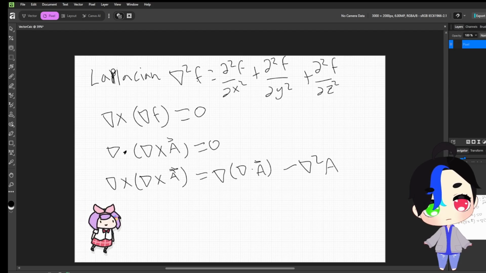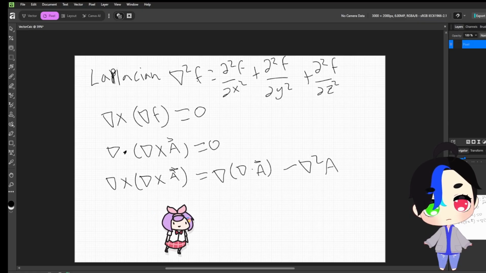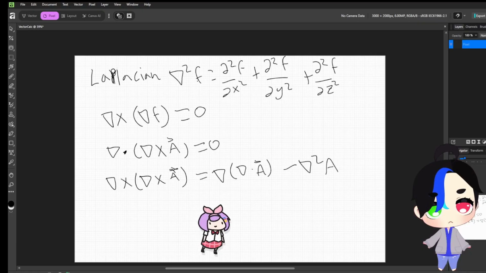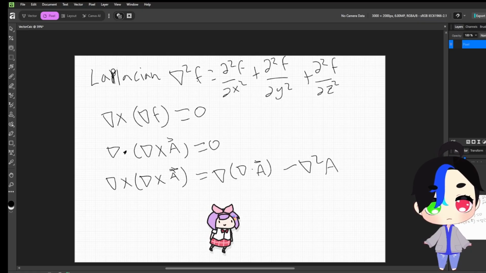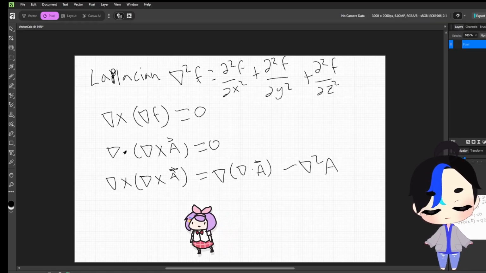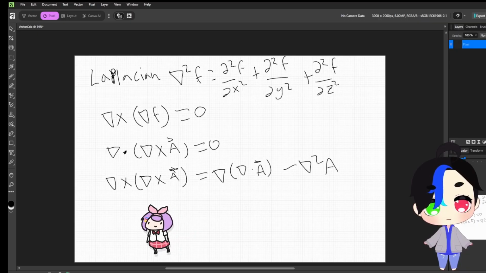Again, I'd like to reiterate that my goal is not necessarily to get you to understand the intricacies of the math part of this. I'd like to get you at least familiar with the notation and these quantities so that when I start talking about E&M, you've seen them at least once.